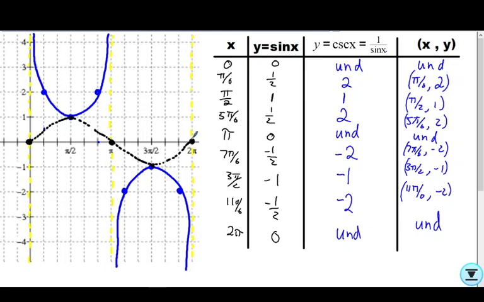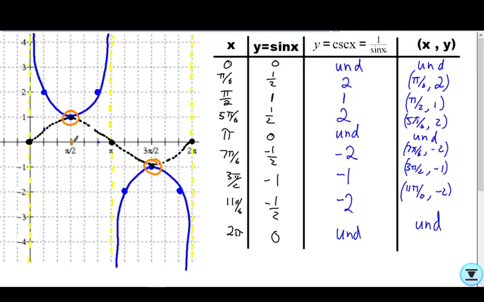Notice, like with tangent and sine, where sine has its zeros, that's where cosecant has its asymptotes. So wherever sine is 0, cosecant has asymptotes. Where the maximums and minimums of sine are, those are still maximums and minimums for cosecant. The only difference is they're reversed.